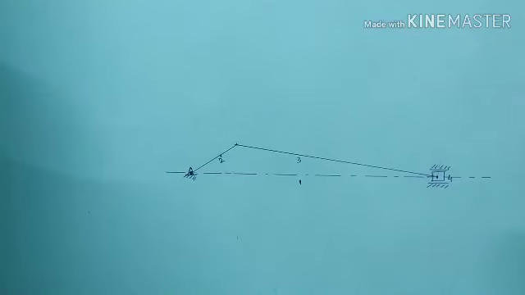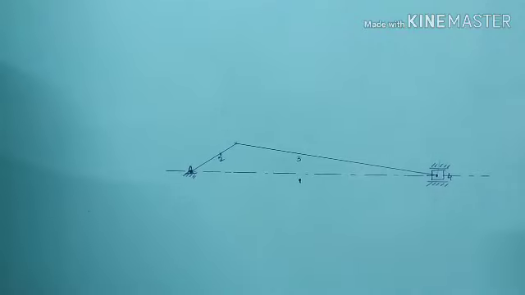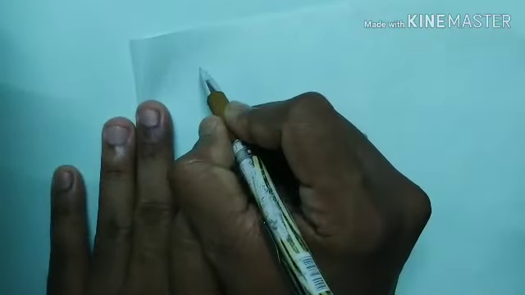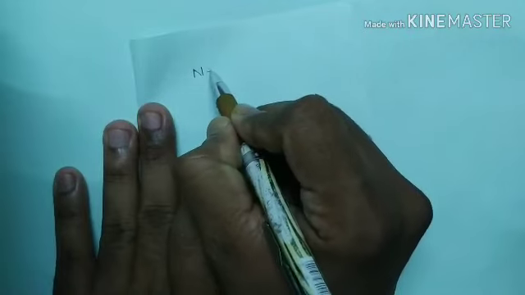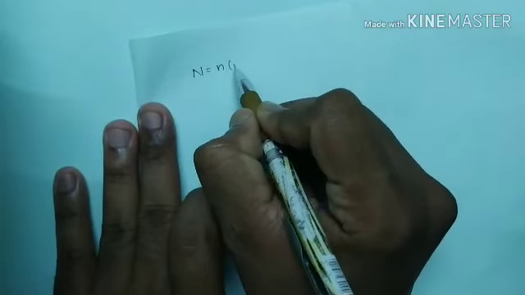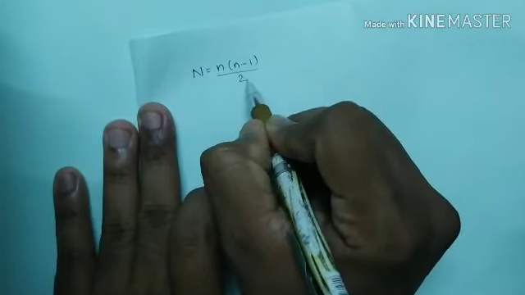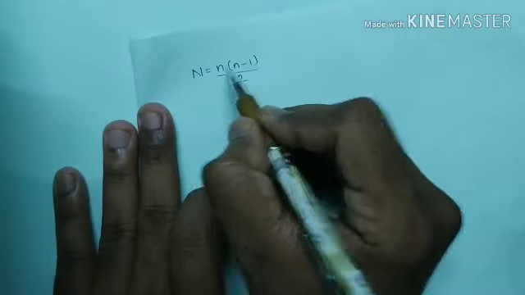Now, the first step to solve this kind of problem is to find the number of IC centers. For that there is a formula: n(n minus 1) divided by 2, where n defines the number of links.